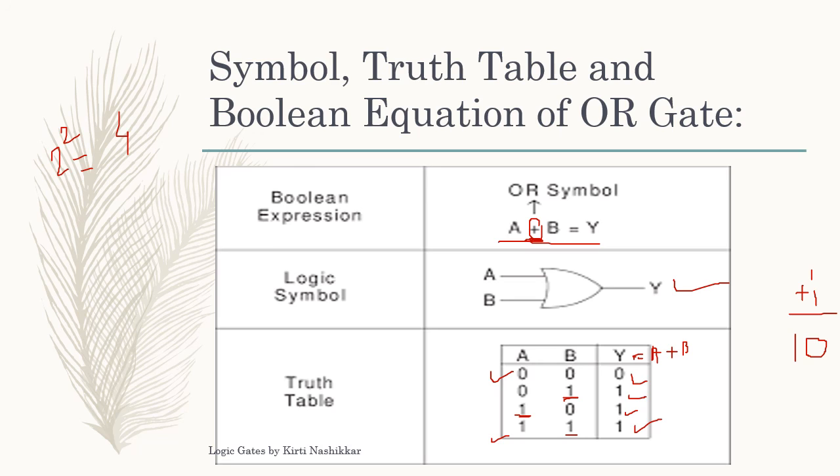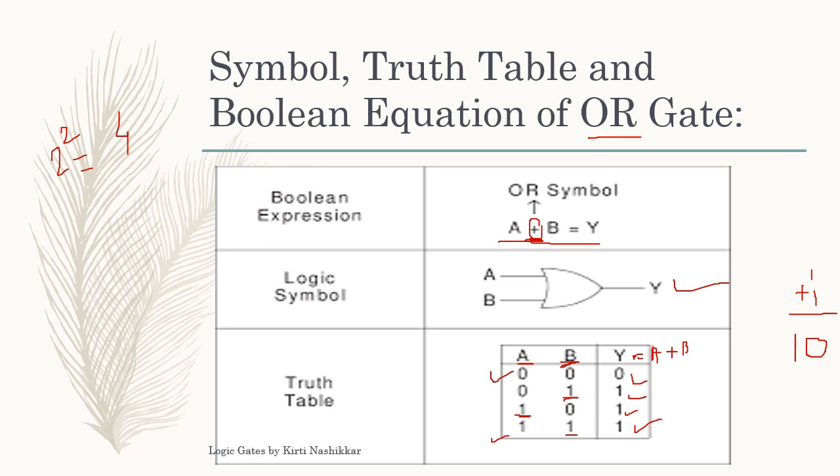If both of the inputs are high, then फिर तो कोई बात ही नहीं है, फिर तो सोने पे सुहागा. But here the minimum requirement is that we need one of the inputs high. Okay, so that's why the name OR is given to the OR gate. Either A must be high or B must be high. So दोनों में से कोई तो भी एक हाई होना चाहिए, then we will get the high output.